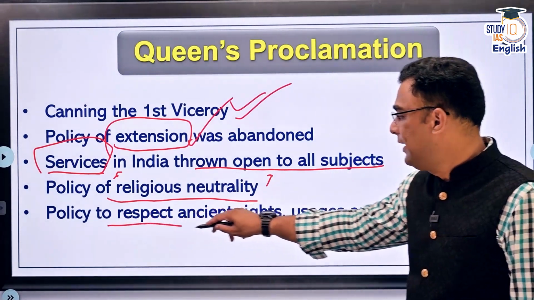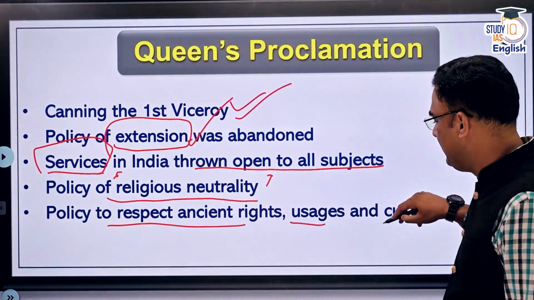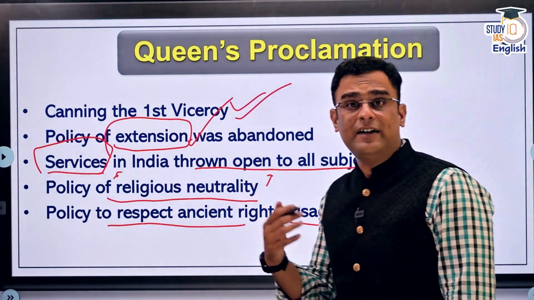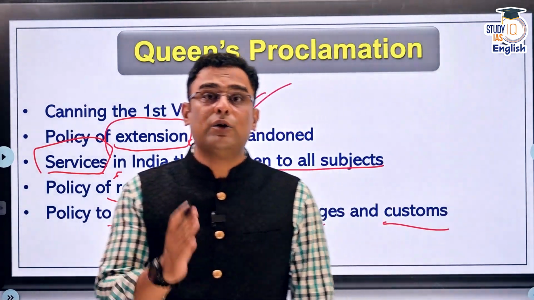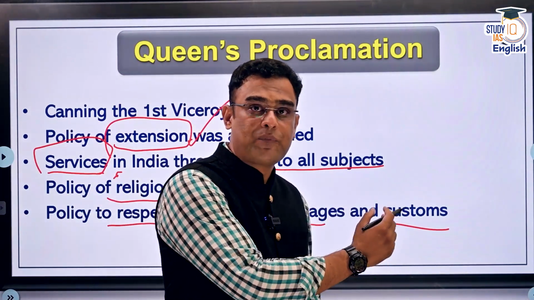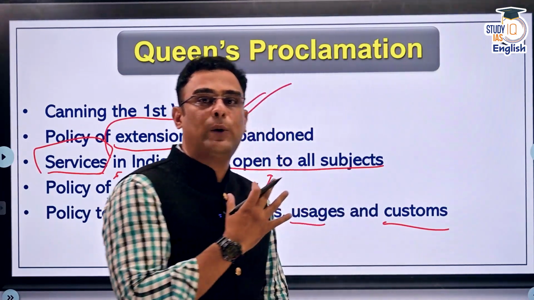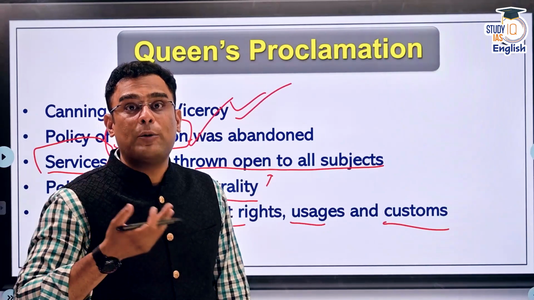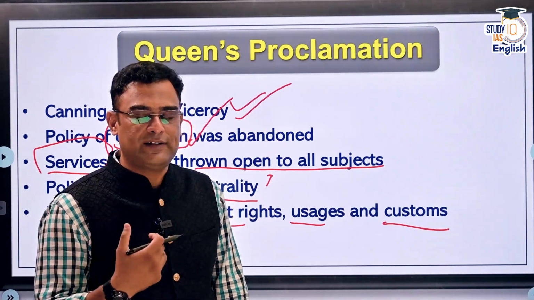Policy of respect for ancient rites, usages and customs. Whatever traditional practices Indians had, those would be respected, is what the Britishers are promising here. The bone of contention here was the practice of adopting sons by rulers.